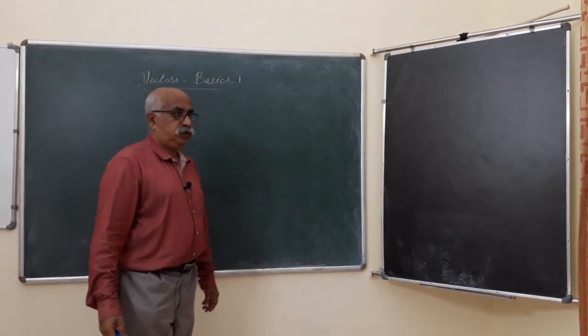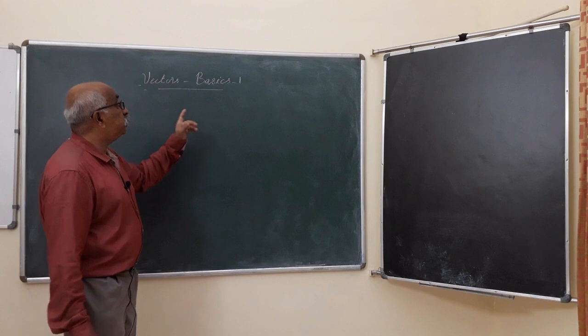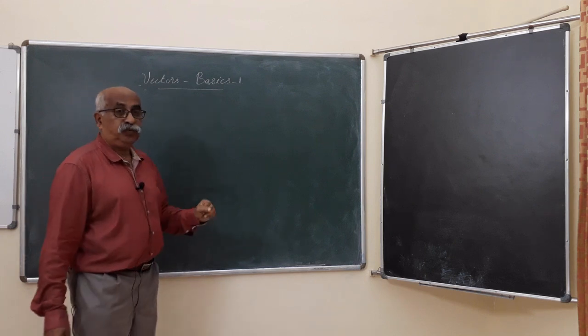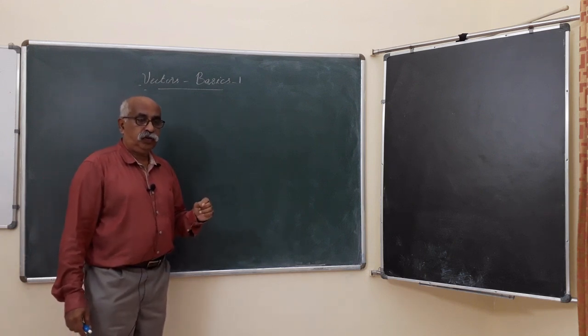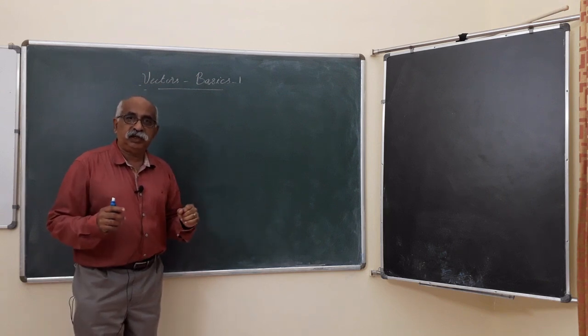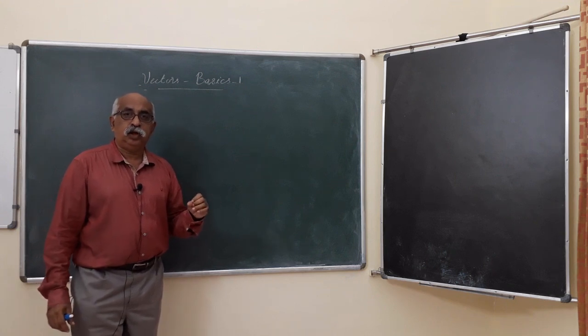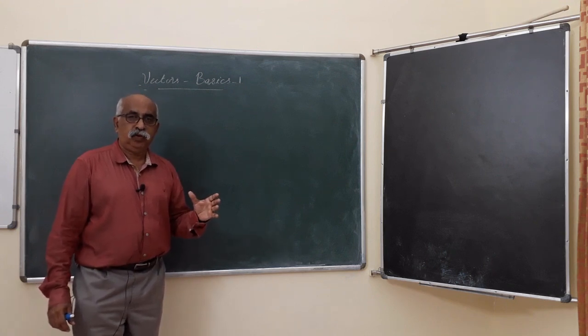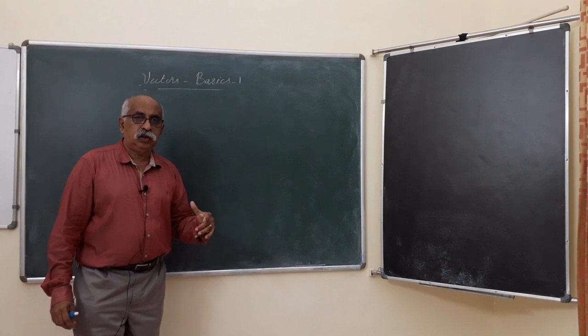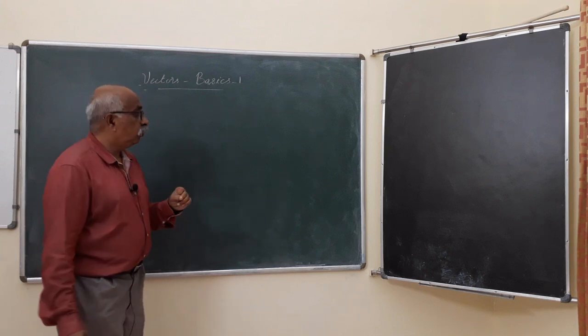Dear friends, today we are going to see an introduction to the basics of vectors. In physics, we are studying natural phenomena where we try to establish relationship between quantities. Quantities dominate our scenario.